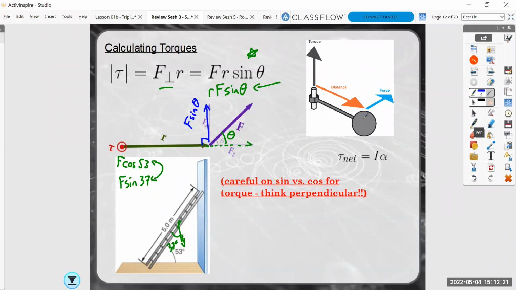So if I apply a force to this thing, it makes it want to rotate counterclockwise, which is going to give me a torque vector and an angular acceleration vector that are straight up. So remember, the directions of these vectors are a little strange. They use that right-hand rule. Your fingers curl the way that the thing is going to rotate, and your thumb points in the direction of your torque or your angular acceleration or whatever it is.